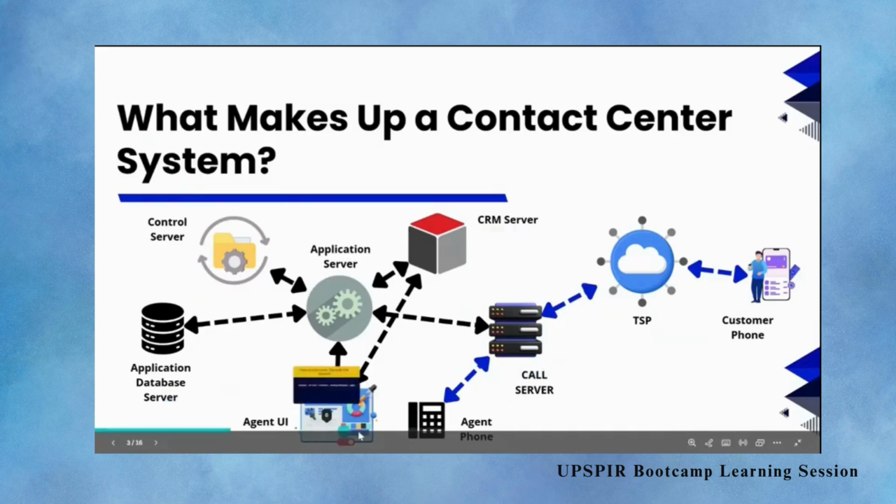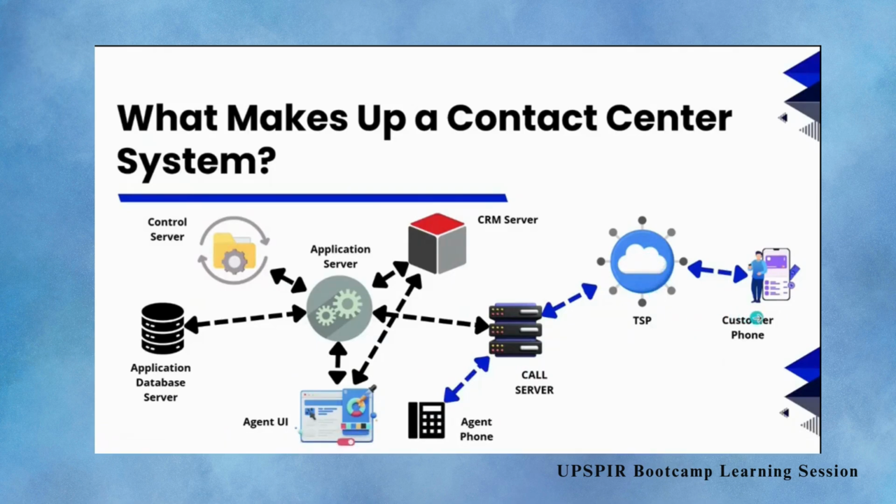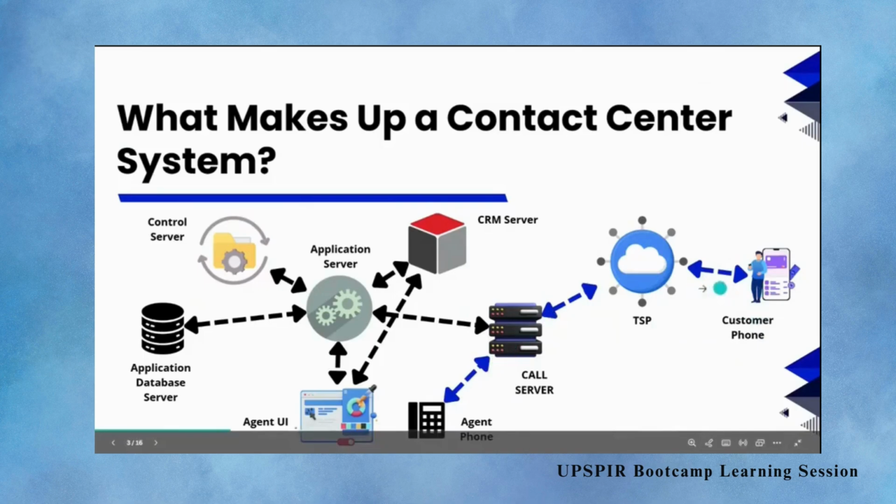Then the agent UI is there, the agent phone is there, the call server is there, the telephony service provider is there, and the customer phone is there. If you see that this particular leg is represented in blue, this is the part of the call. All the components that are handling the voice call are different components.